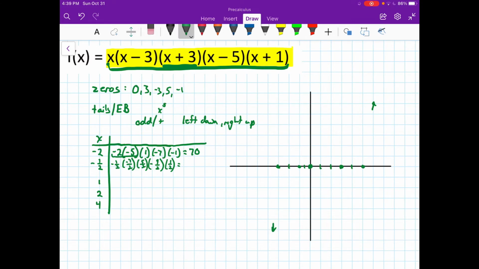And then in the numerator, 7 times 5 is 35, and then 35 times 9 is 315, divided by, in the denominator, 2 to the 5th, which is 32.